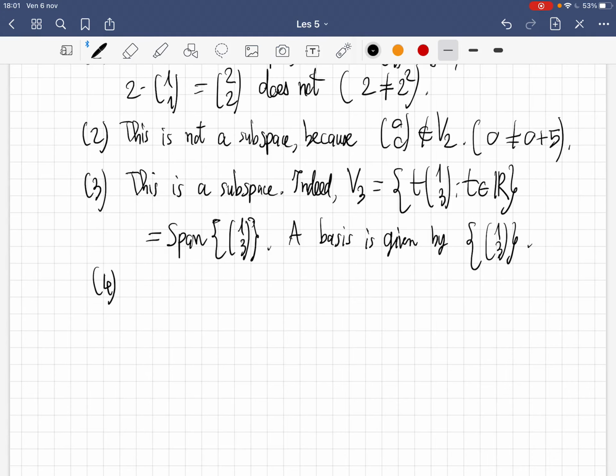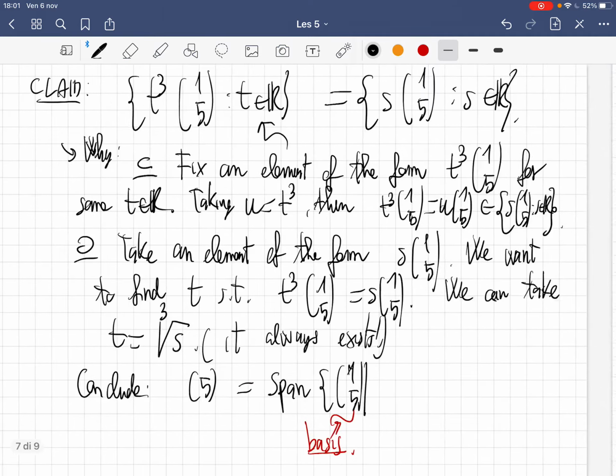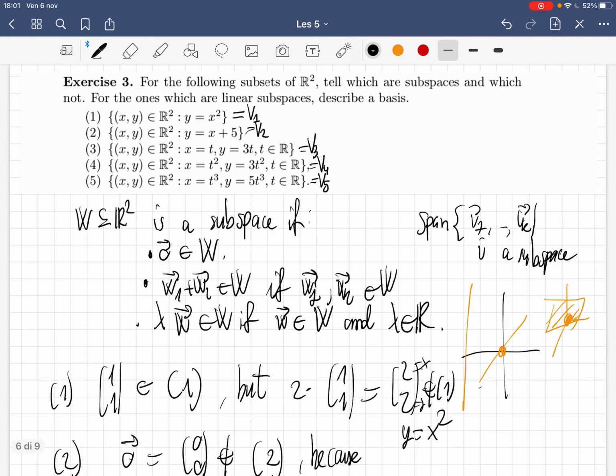Okay. Fourth was the one with the t squared. This is not a subspace. Indeed. What was it?